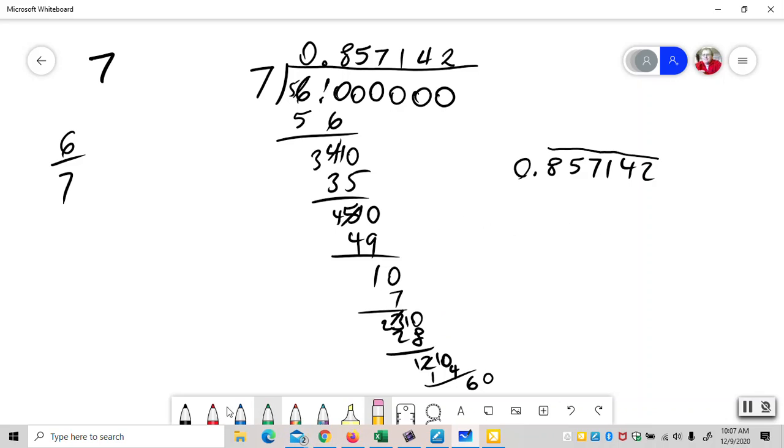So, the thing about writing it in repeating form, like this, is you have to keep going until it repeats. And that can take you a while sometimes. Now, for what you'll be doing, you won't have anything worse than this, I don't think.